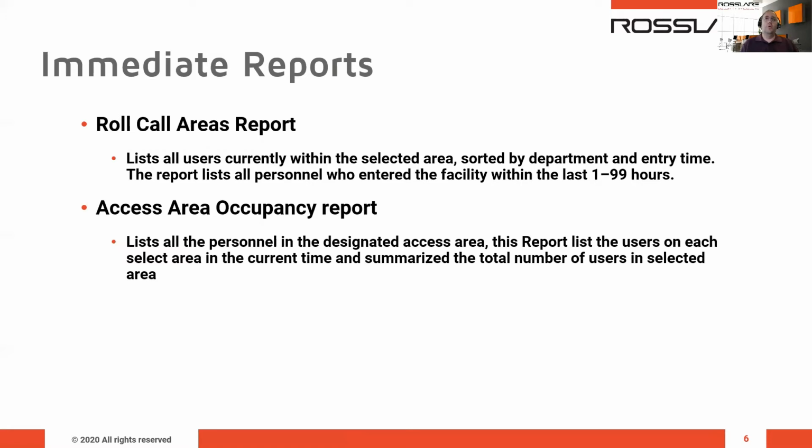You know which user is in which area. This can mainly be used for emergency evacuation cases, where you need to know where the users are and that all users have arrived at the safe area. It also gives you a counter of the number of users in each area.